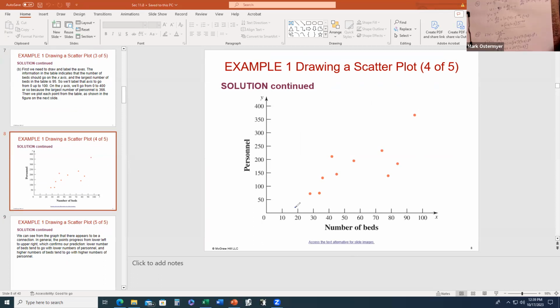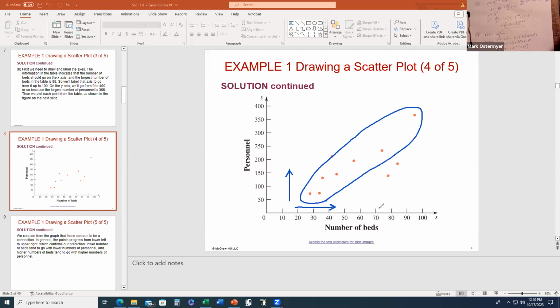It looks like as the number of beds the hospital can offer increases, the number of employees the hospital has on board tends to also increase. It seems like the data is rising from lower left to upper right. So that confirms our suspicion that there appears to be a direct relationship, or we should say more correctly, a direct correlation between X and Y.